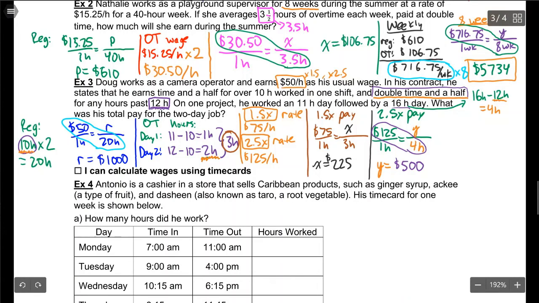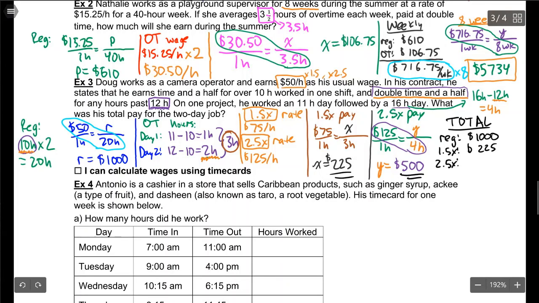Oh, I love it. I wish I could earn that. I bet you do too. Okay, so that brings us to our total pay. Now in this case, we've got 3 things to add up. We've got our regular pay, our 1.5 times pay, and our 2.5 times pay. So regular pay was an even 1,000. His 1.5 times pay, there it is, 225.